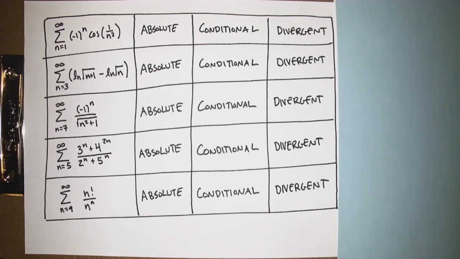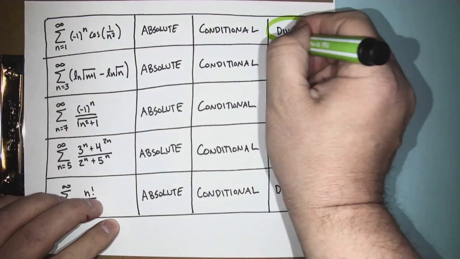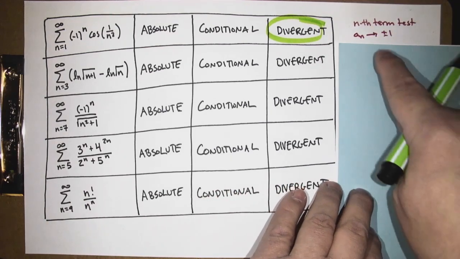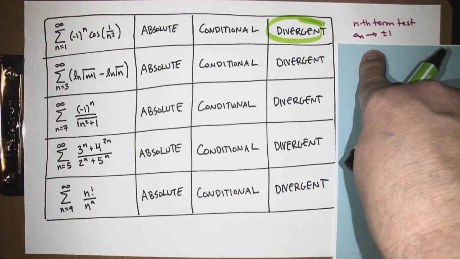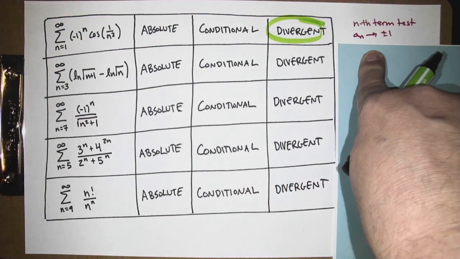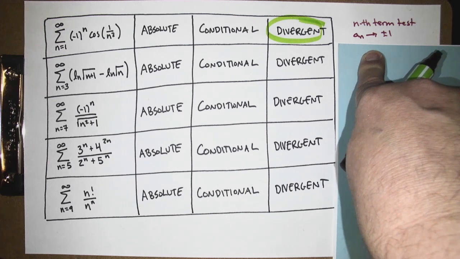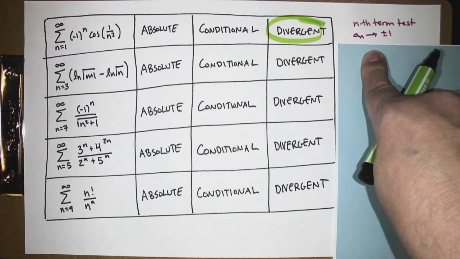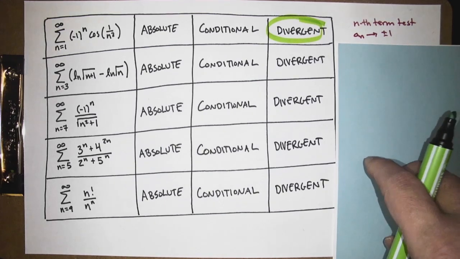Anyone can answer. Diverges, because the terms don't go to 0. It's the nth term test. Cosine of 1 over n squared is going to 1. Yes? No?